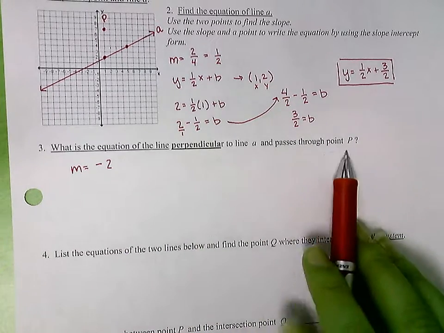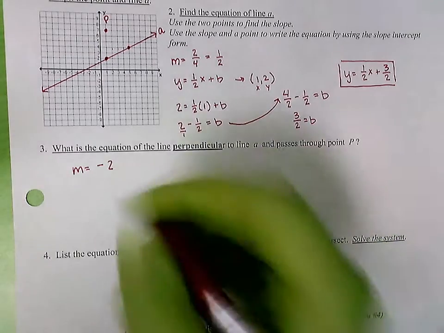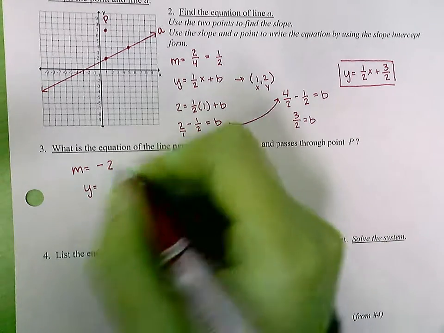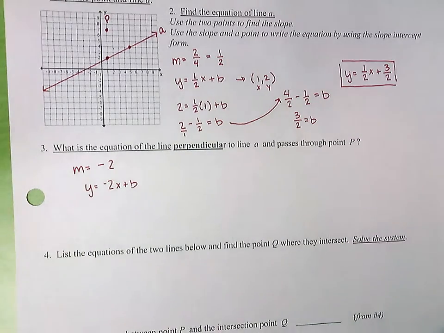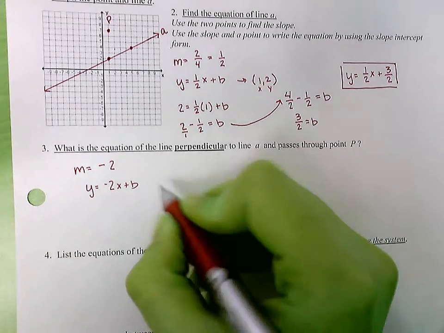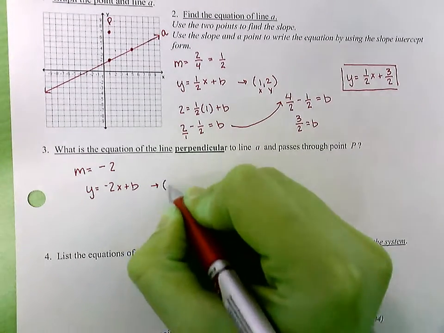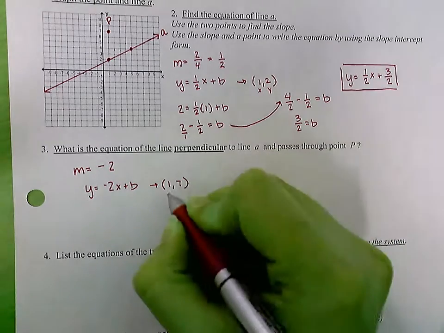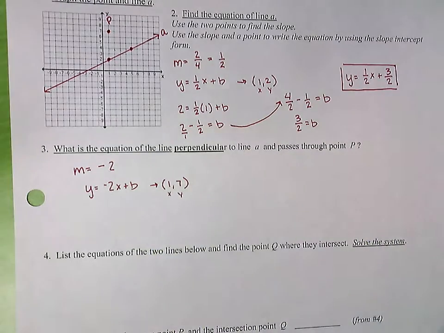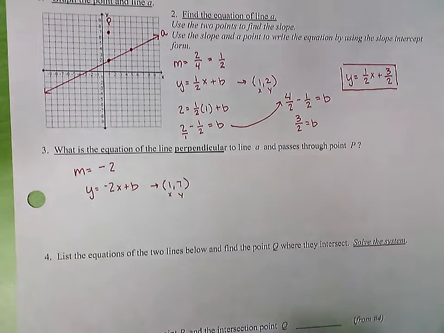Okay, now I have to pass through point P. So right now I have the equation y equals -2x plus b. And again, I need to find that y-intercept of b. So I'm going to plug in my point P, which is 1, 7. Now for this one, you can't just choose any point. You need to use point P. And again, I'm going to plug in my x and y values.